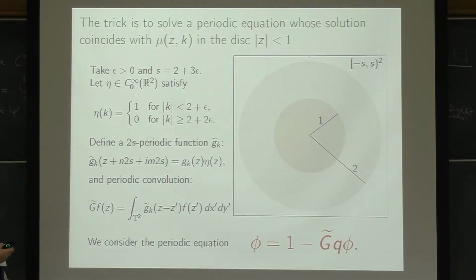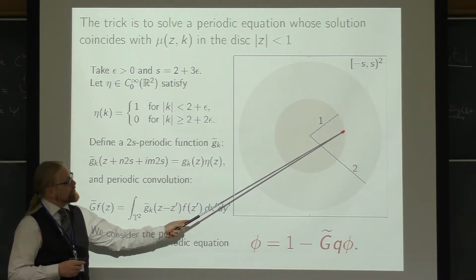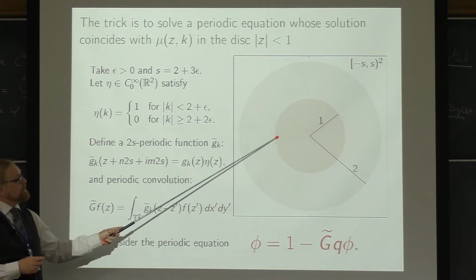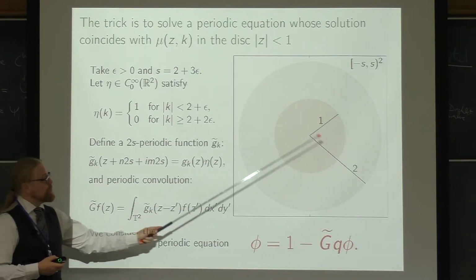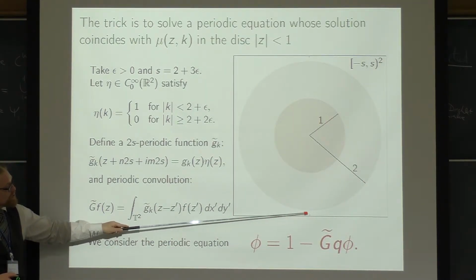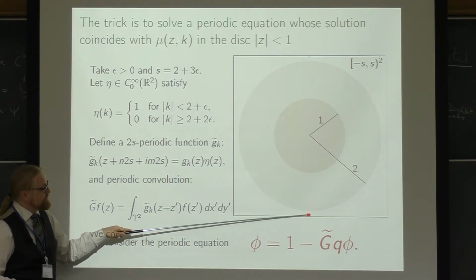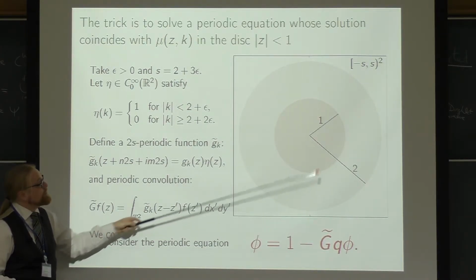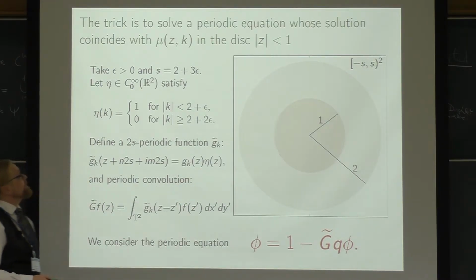So now what we do first, following Vainikko's approach, we take the unit disk where Q is supported. Actually we take the disk of radius 2 and we take a square here so that there's a little bit more space in between. So this is the square, this interval squared.